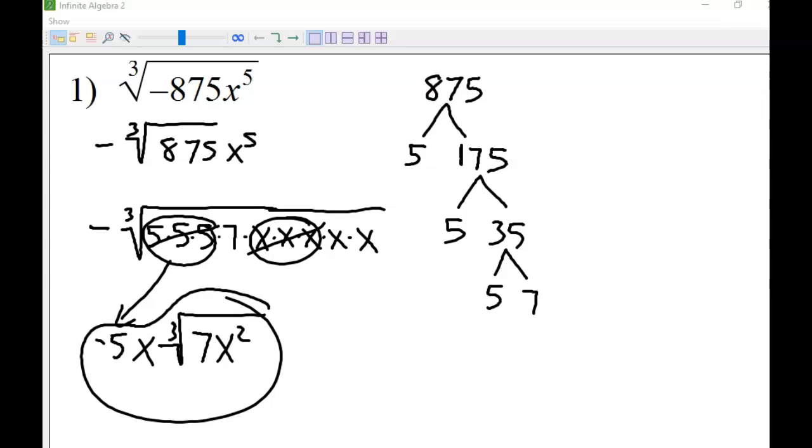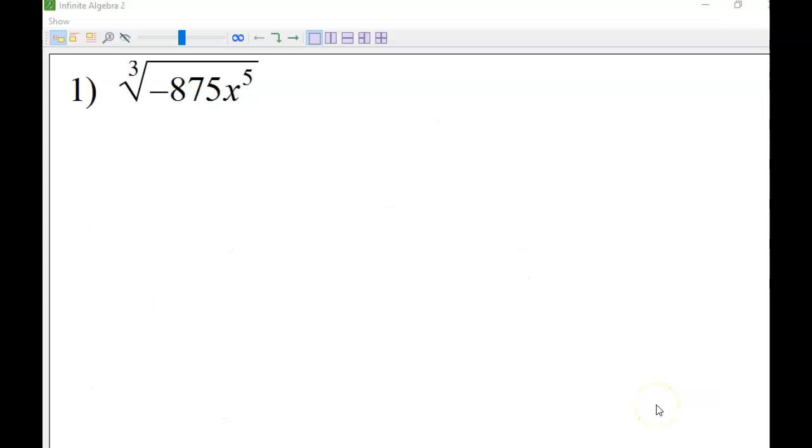So let's take a look at another question here. That's for you. Here's an even one. In this case, though, there's not a negative, so we don't have to worry about the whole negative situation, but we're looking to take out groups of 4. So 567. What the heck goes into 567?